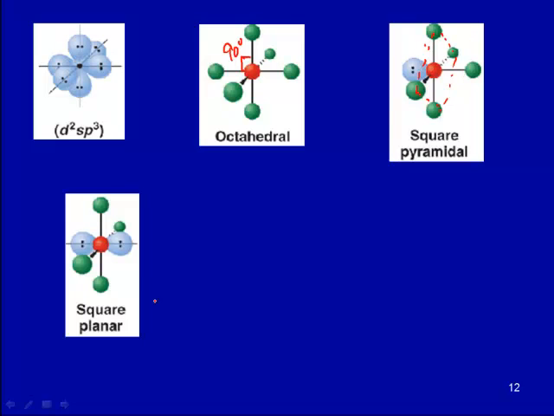So now if we have two lone pairs, two pairs of lone electrons are not shared. So now you take out these 2, now you have a square. So it's a square planar molecular geometry.